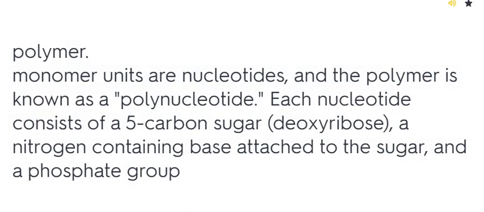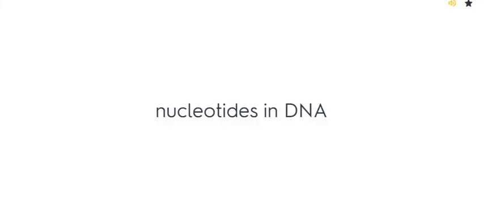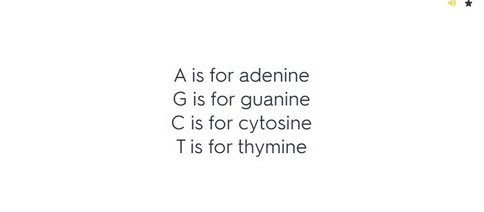Monomer units are nucleotides and the polymer is known as a polynucleotide. Each nucleotide consists of a 5-carbon sugar, a nitrogen-containing base attached to the sugar, and a phosphate group. Nucleotides in DNA: A is for adenine, G is for guanine, C is for cytosine, T is for thymine.